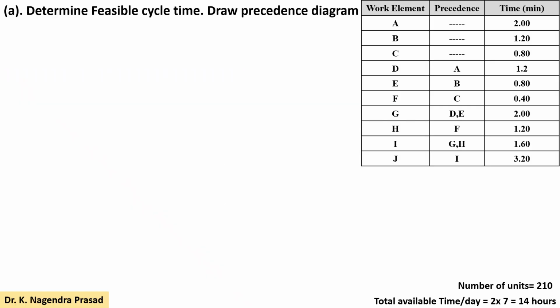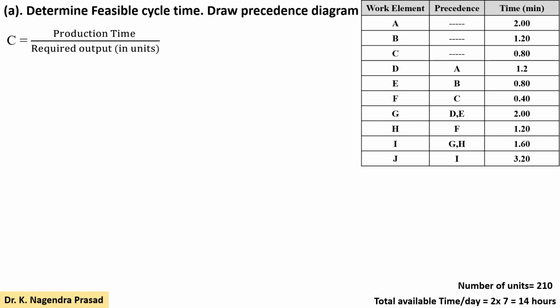The first question is to determine the feasible cycle time and draw the precedence diagram. We know that cycle time is the production time divided by required output. Here the output, or number of units, is 210 and the total available time is 14 hours.